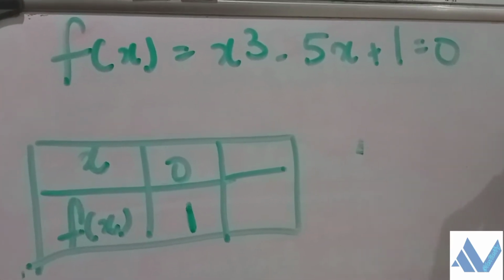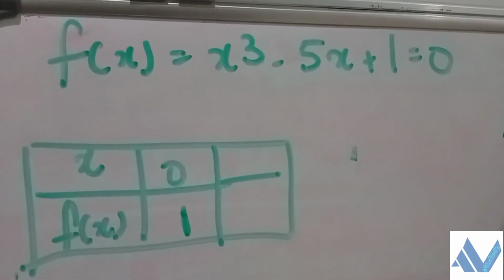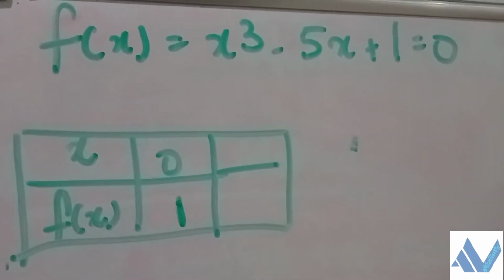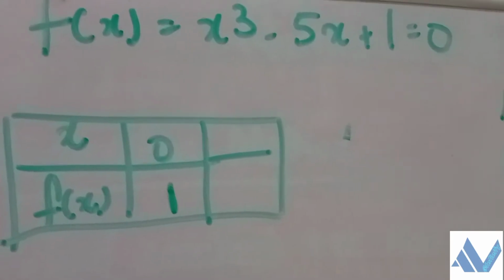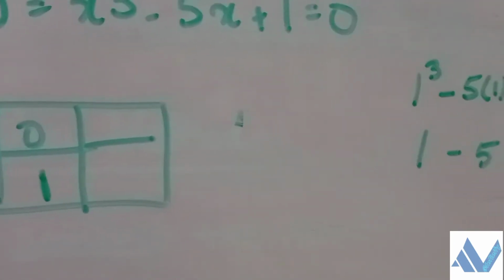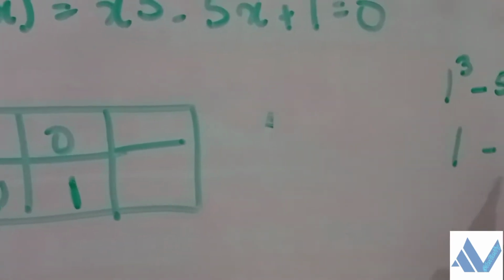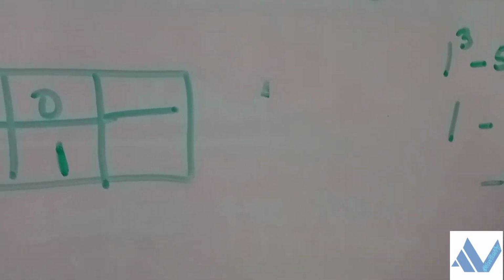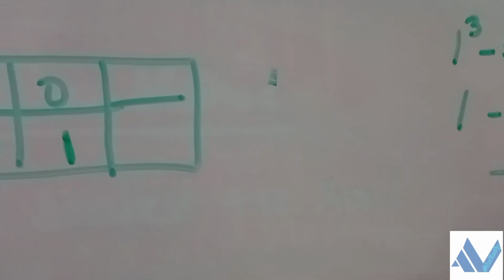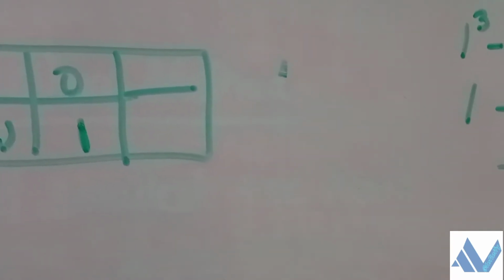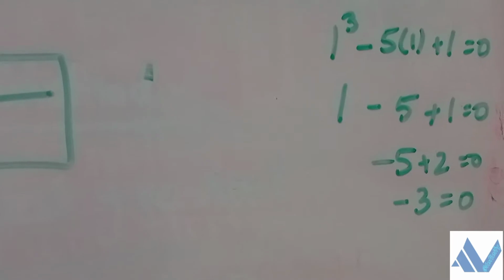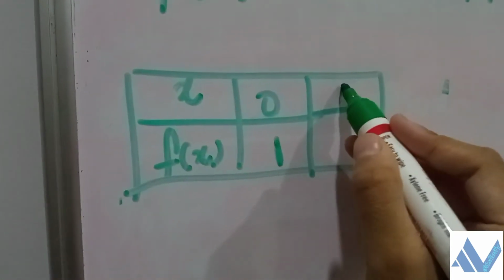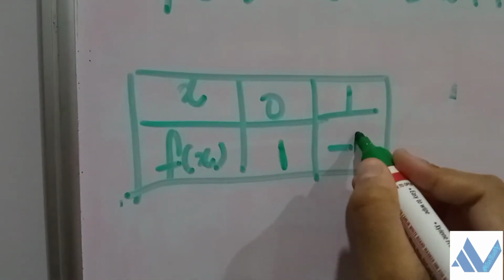We get 1 cube minus 5 of 1 plus 1, so 1 minus 5 plus 1, that is minus 3. So when we substituted 1, we got minus 3.